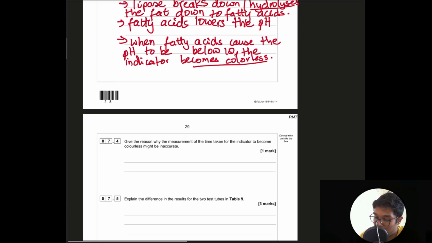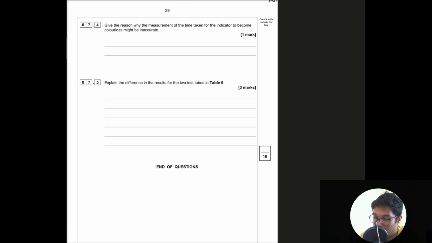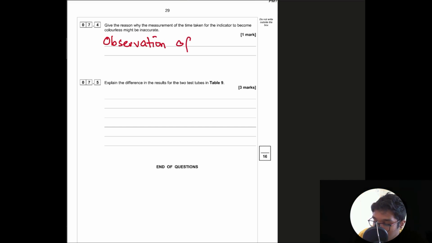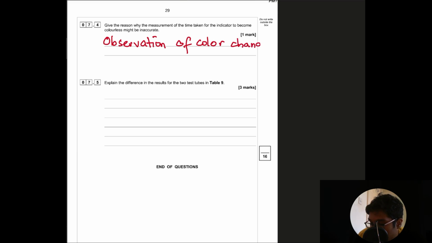Next question. Give the reason why the measurement of the time taken for the indicator to become colorless might be inaccurate. This is because the observation of color change is subjective.